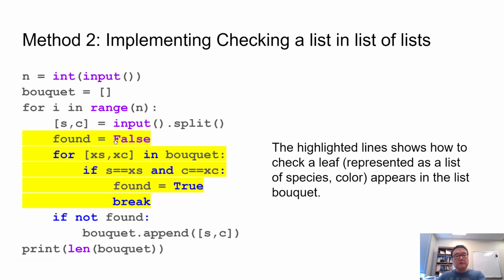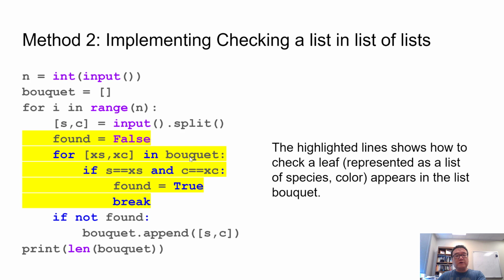Essentially, you can think of what happens is we are trying to determine whether something is in a list. So we can initially say we haven't found it, it's not in the list. Unless we actually find it, this is going to be our default position. We need proof in order for us to believe it's in the list.